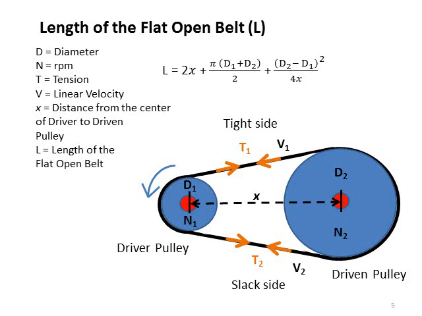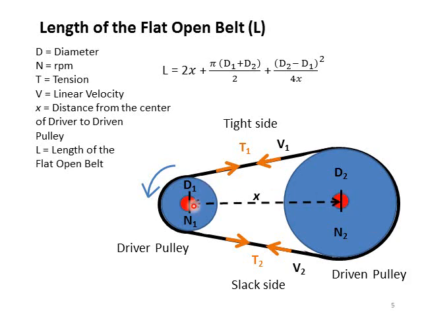Another very important formula is to find the length of a flat belt. For the sake of convenience, I just wrote down the formula. Here the additional term is x, which is the distance between the center of the driver pulley and the center of the driven pulley.